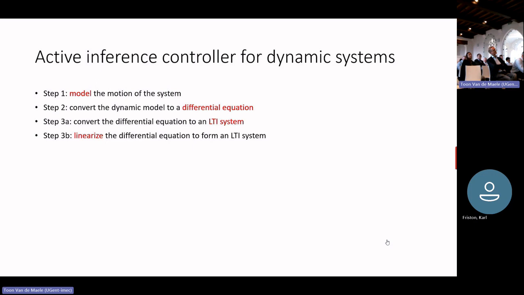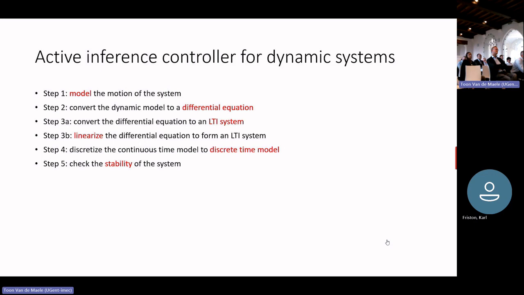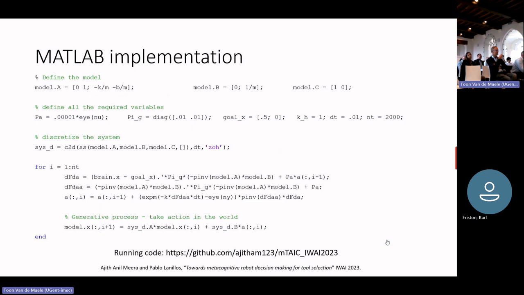I only mentioned the LTI system because it's an easy linear controller, and the tutorial used a linear controller. Then discretize the continuous time model to get a discrete time model, which is about the ABC matrices, so AD and AC. Check the stability of the system, whether it's inherently stable or you have no hope. Then derive the control law and discretize the control law for continuous-discrete time updates.